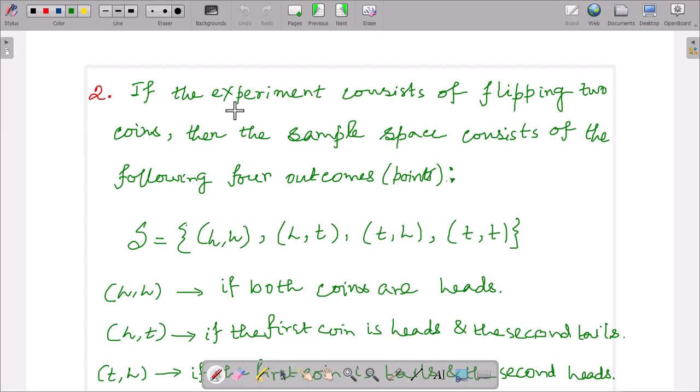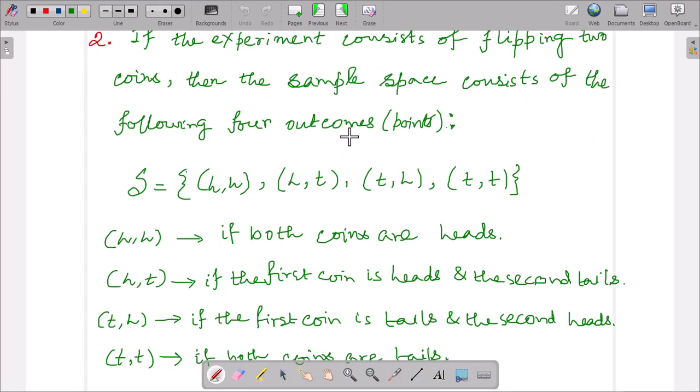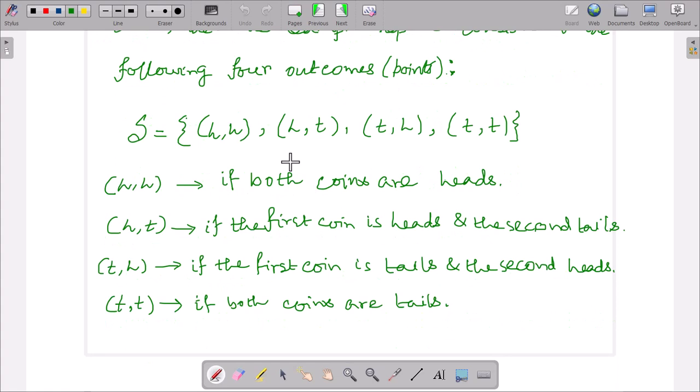If the experiment consists of flipping two coins, then the sample space consists of the following four outcomes, that is head in both coins, if the first coin is head and the second is tail, if the first coin is tail and the second is head, if both coins are tail.